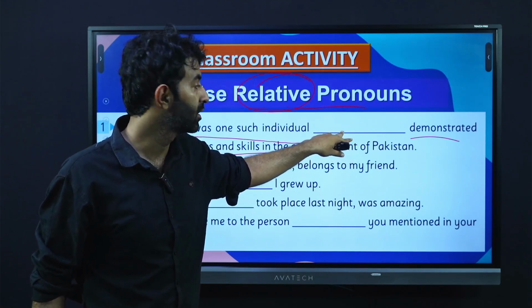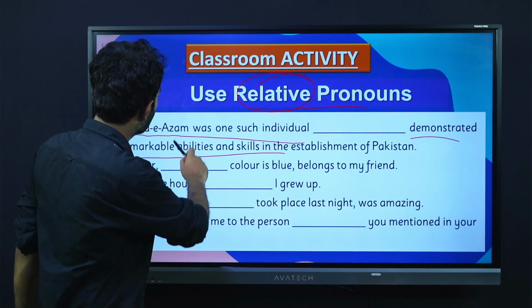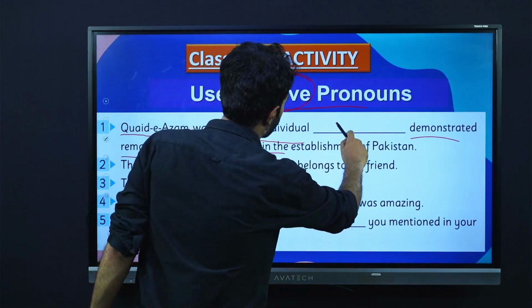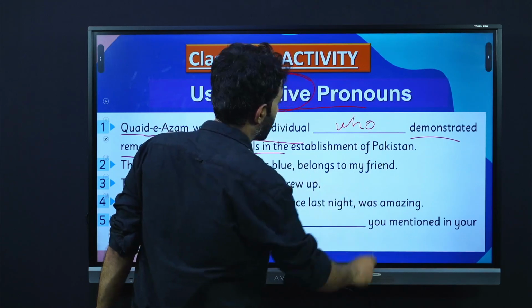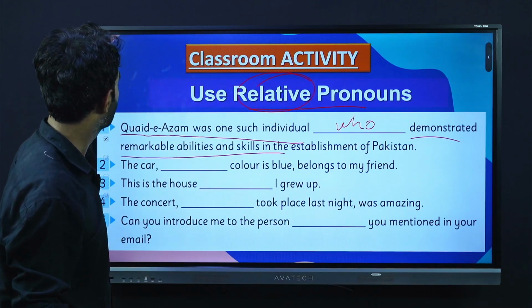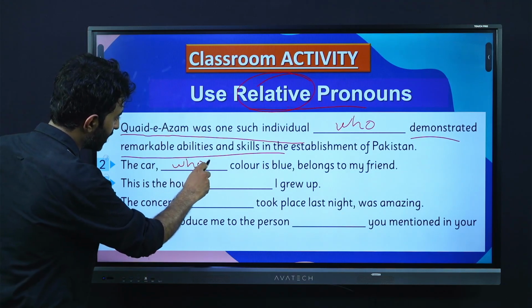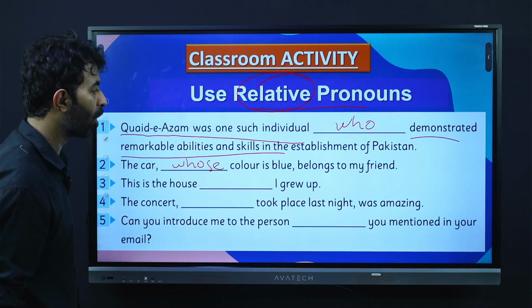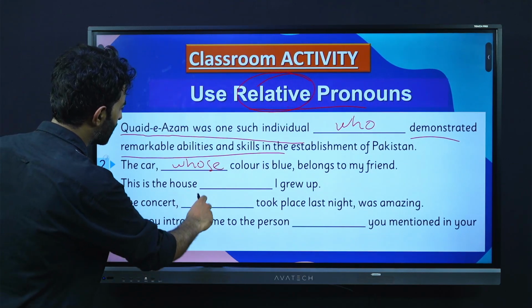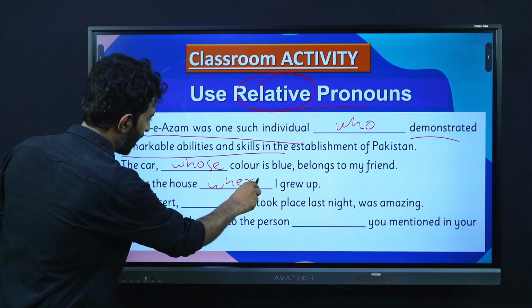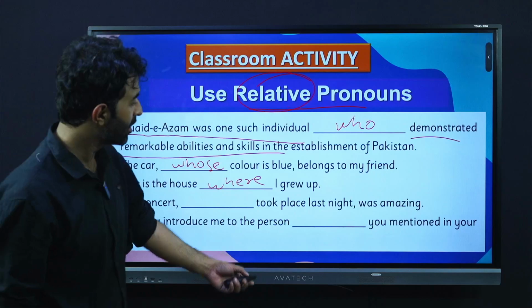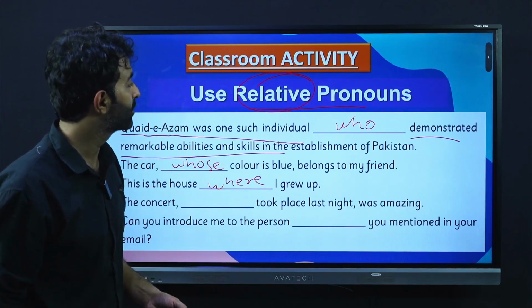Their, yes. Quaid-e-Azam was one such individual, we can say, who demonstrated remarkable abilities. The car, we can say, whose color is blue, belongs to my friend. This is the house where I grew up. So you can see, you can fill that up.